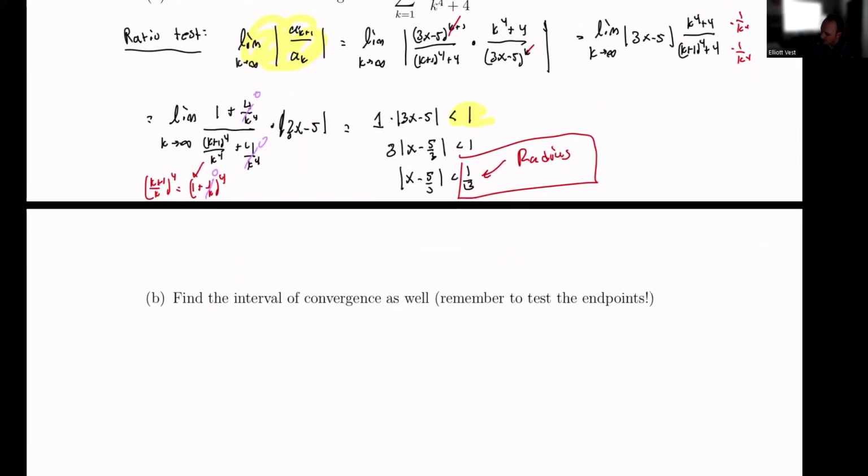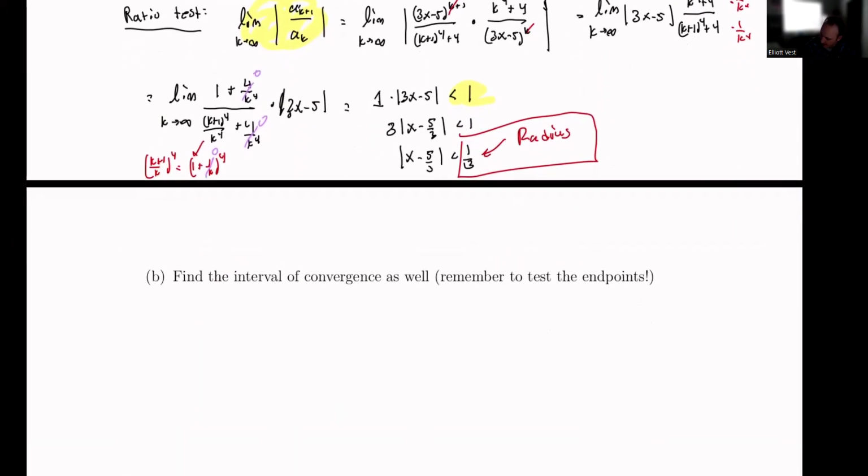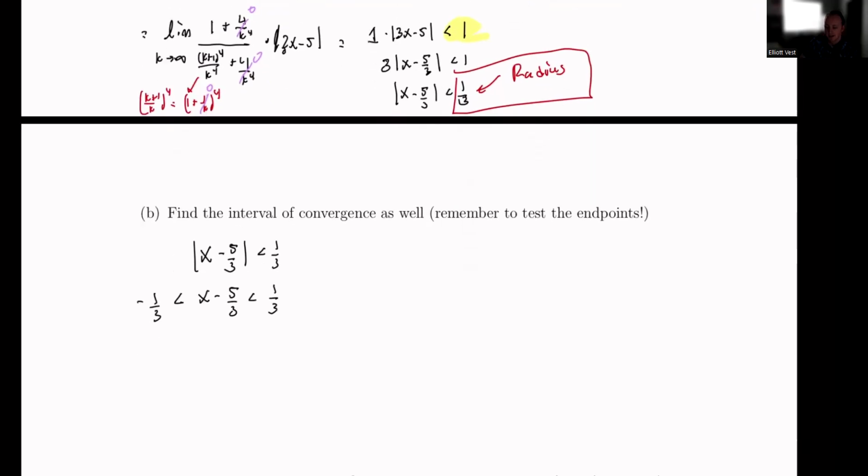Find the interval of convergence as well. So that's not that bad. We just start with this, less than 1/3. Then we change it to a positive and negative version. That's how you do this stuff.